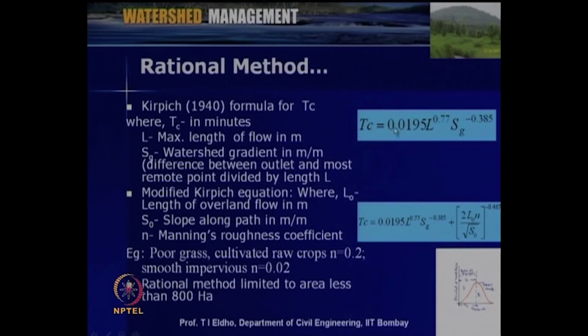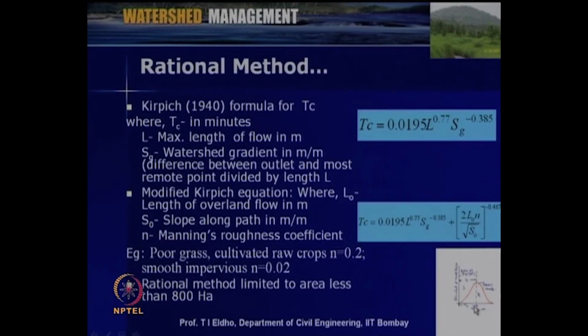This is generally used to identify the time of concentration, and nowadays we can also use a modified Kirpich equation, given by Tc = 0.0195 L^0.77 Sg^-0.385 plus (2 L0 n divided by square root of S0)^-0.467. Here L0 is the length of overland flow in meters, S0 is the slope along the path in meter per meter, and n is the Manning's reference coefficient.